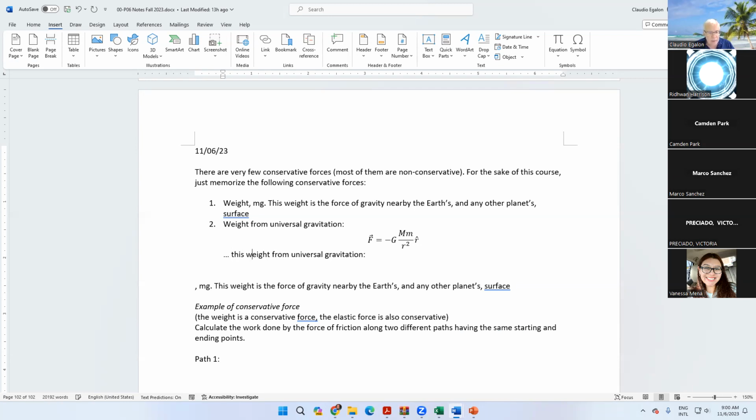This equation for the weight applies to any masses, applies to masses m at any distance from mass big M and vice versa.